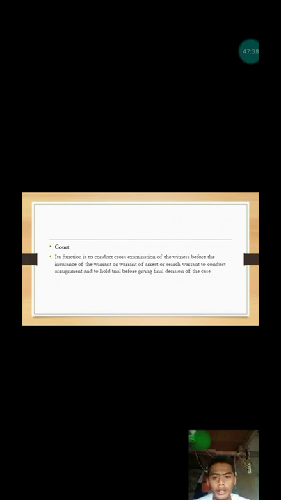So the function of the court is to conduct the examination of the witnesses, the victims, and the accused person, and to conduct arraignment and hold the trial before the final decision of the case.